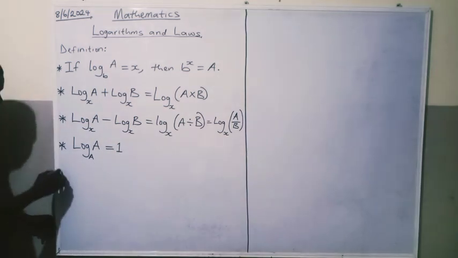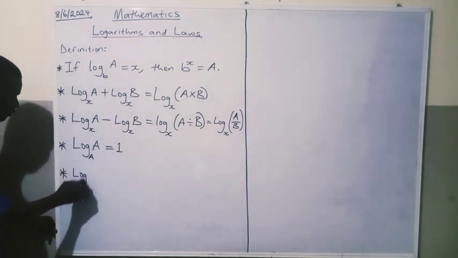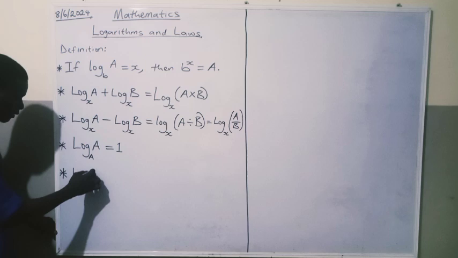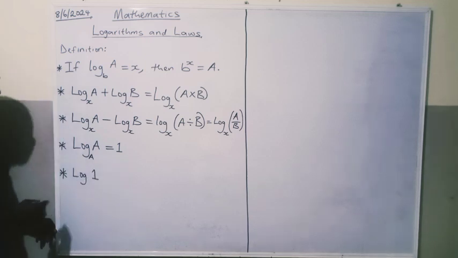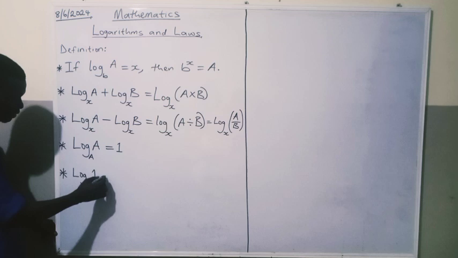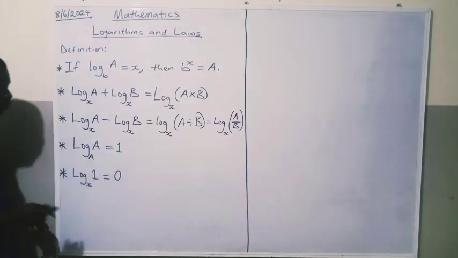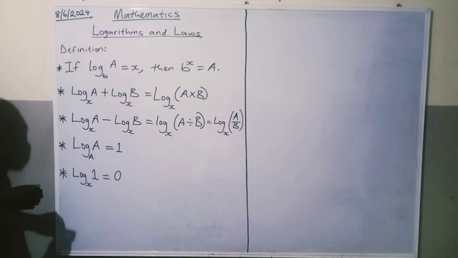Then going on to law number 5. Law number 5 says log 1 to any base, irrespective of whatever the base is, is always equal to 0.